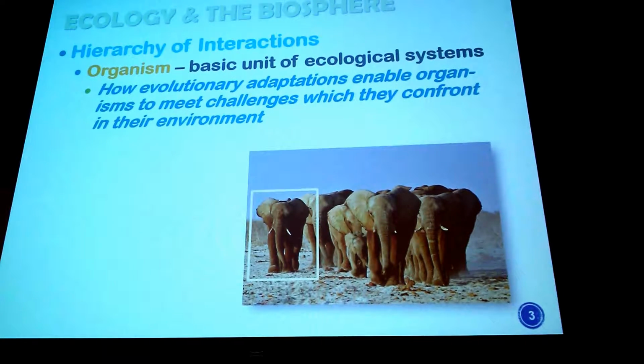We talked about the cell being the basic unit of any individual plant or animal. We talked about how population is the basic unit of evolution. In ecology, the basic unit is the organism, the one, the individual. And as you can see, highlighted by the rectangle around the one hole. How evolutionary adaptations enable organisms to meet challenges which they confront in their environment.